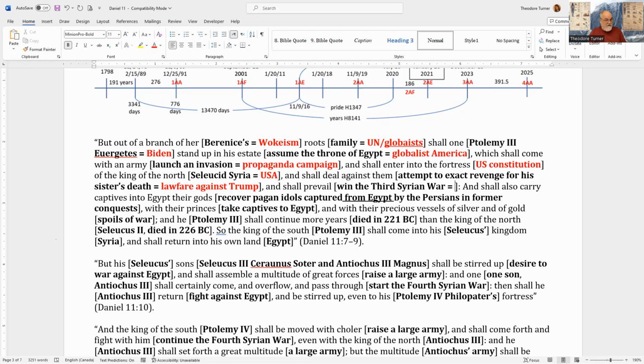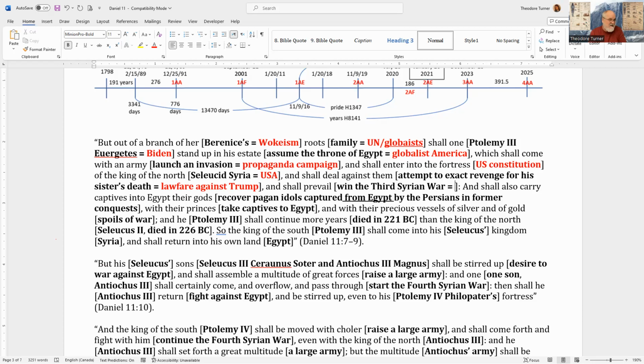And Biden is not popular. So to say that Biden is going to win in this battle with Trump, we'd have to say he's not going to win again. I mean, Biden's going to be out of the way.